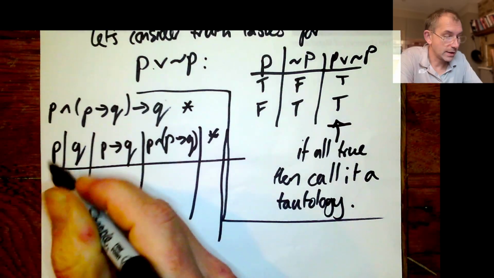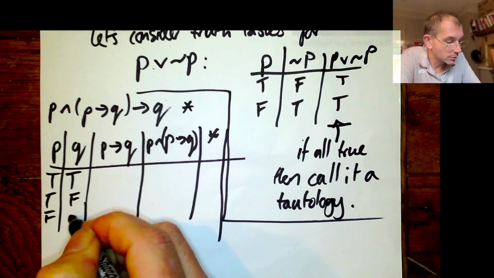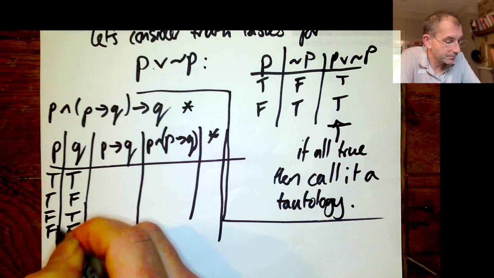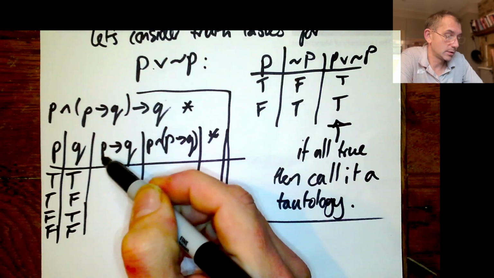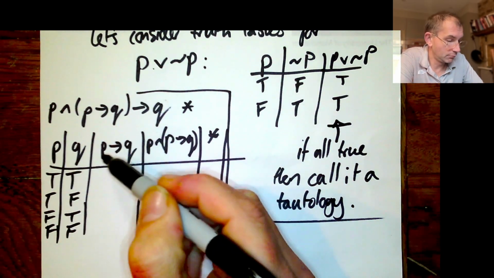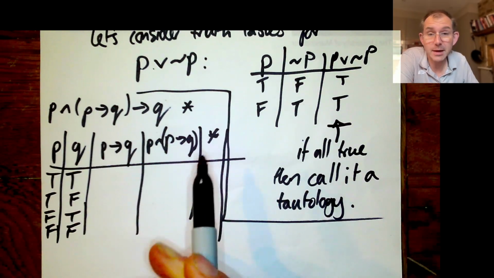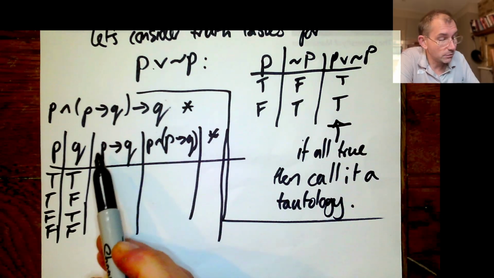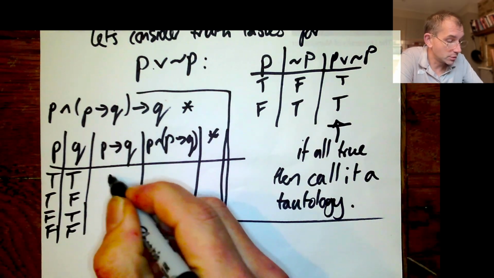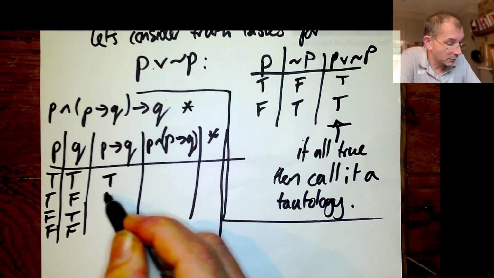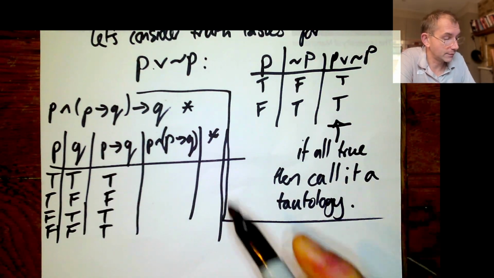We're going to have true, true, true, false, false, true, false, false. So P implies Q. Now the only time that is false is when P is true, but Q turns out to be false. So it's true here, it's false here, but it's true in all the other places. Okay, just the definition of that.